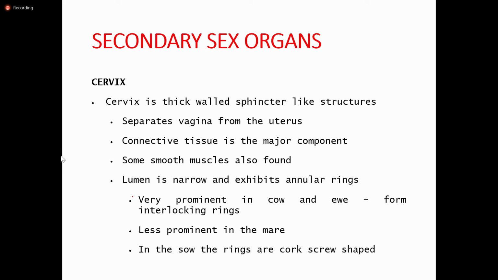Say we have the pig. If we cut open the cervix, you will see it has a spiral shape. Spiral is the shape of their pulvini cervicalis. So if you remember, we have the pulvini cervicalis. These are the rings or annular rings in the cervix. And this separates the vagina from the uterus.